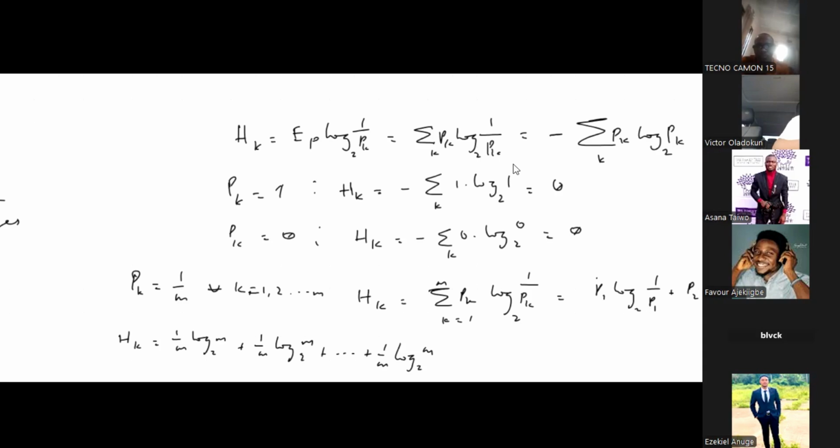So by the time we consider this, you now realize we have m of 1 over m log m base 2, isn't it?